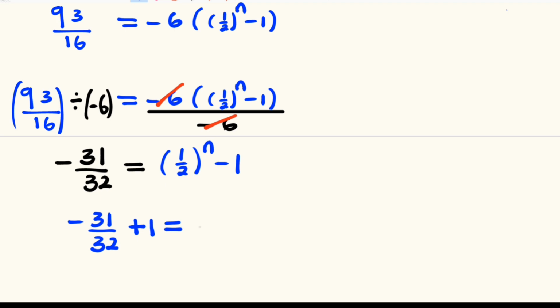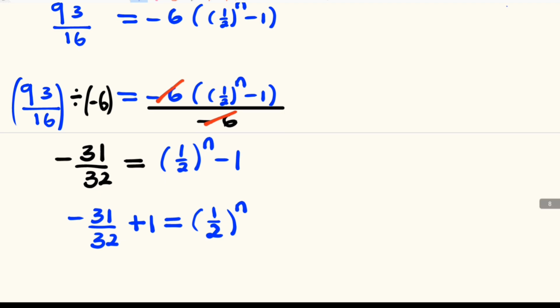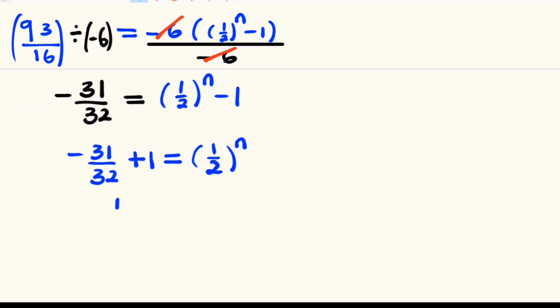And this will be equal to the half raised to the power n, and negative 31 divided by 32 plus 1 will be equal to 1 divided by 32.